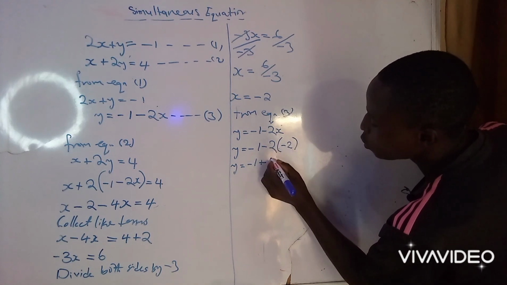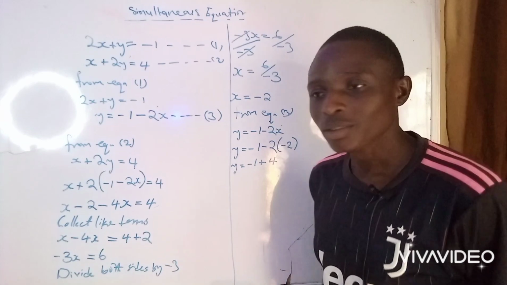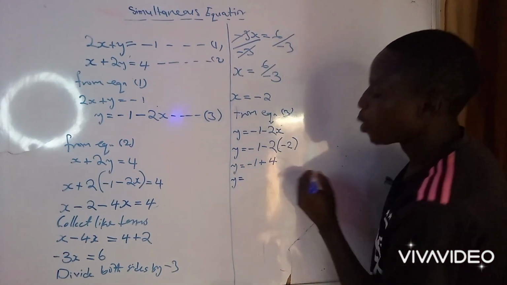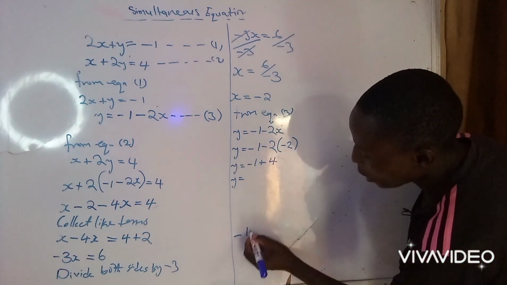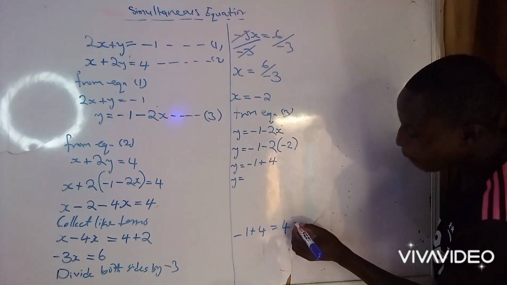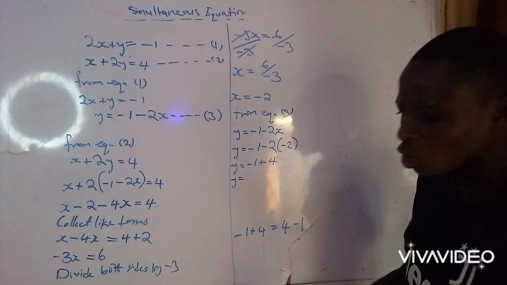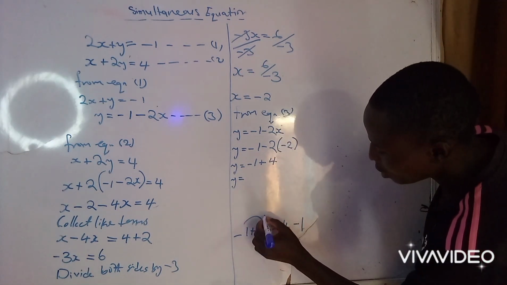Plus. 2 times 2 is 4. Gentlemen, am I communicating? Thank you. y is equal to minus 1 plus 4, which, gentlemen, is the same thing as 4 minus 1. You understand? Just reverse it.